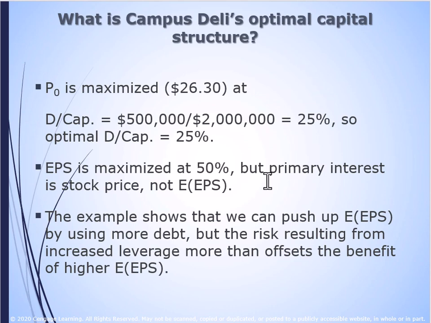One of our original videos talked about the goal of financial managers. And the goal of financial managers is to maximize shareholder wealth, which is to maximize price. Profits are important, but they're not the most important thing to shareholders. So what this says is, you can make more profits, but that doesn't necessarily equate directly into increasing wealth of the owners.